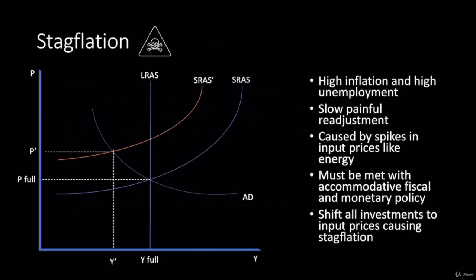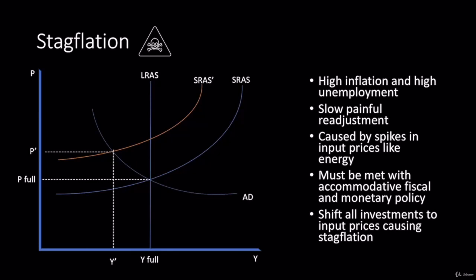And finally, the most dangerous of all economic environments is an environment of stagflation, where short-run aggregate supply falls to the left, below long-run full employment, such that prices rise, we have inflation and falling output, which implies high unemployment.